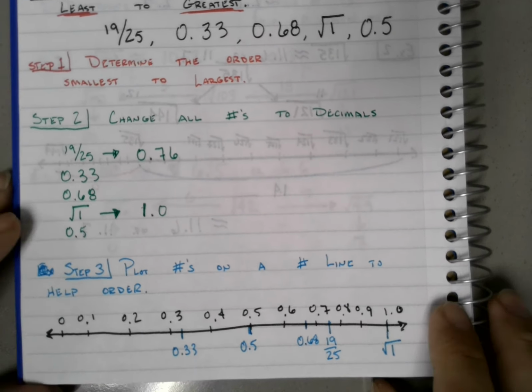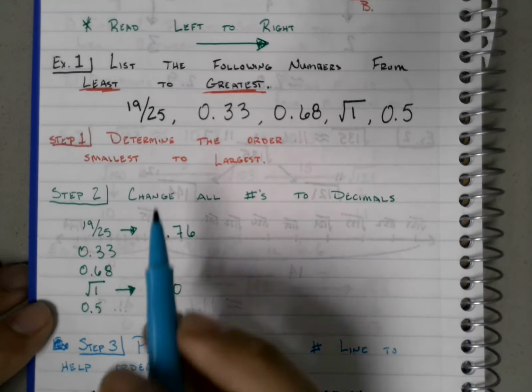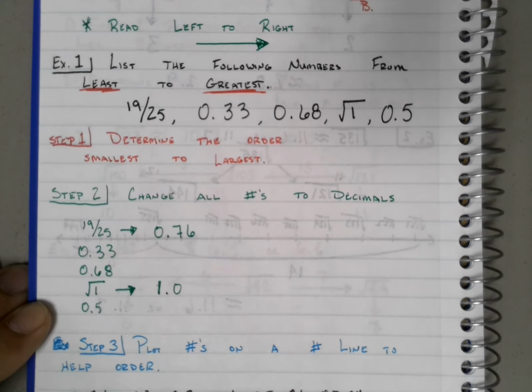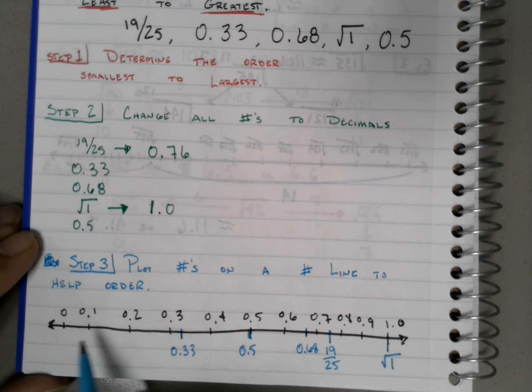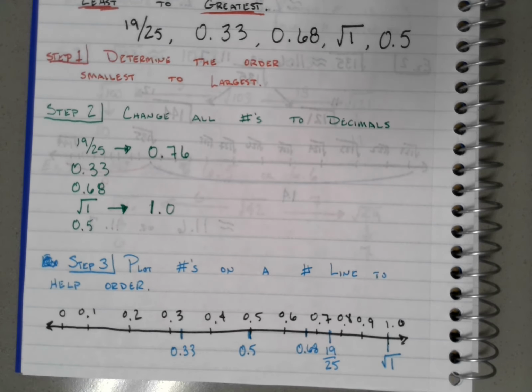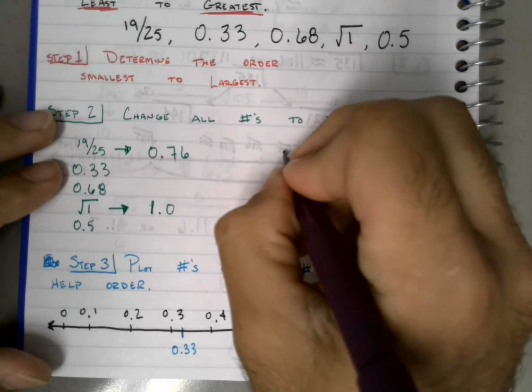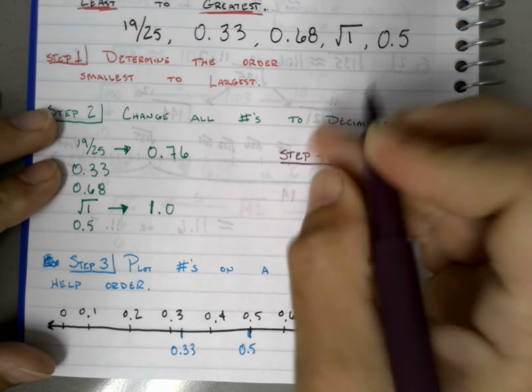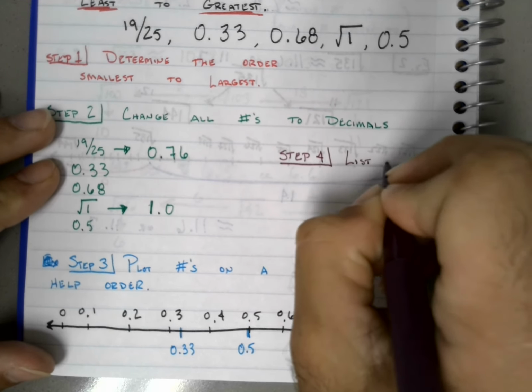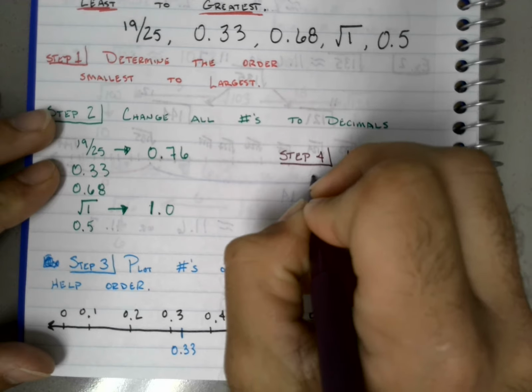Now, back to the original question, it says least to greatest. All right, which means we're going to go from the smallest to the largest. So the very last step, Step 4, we're going to list our order.